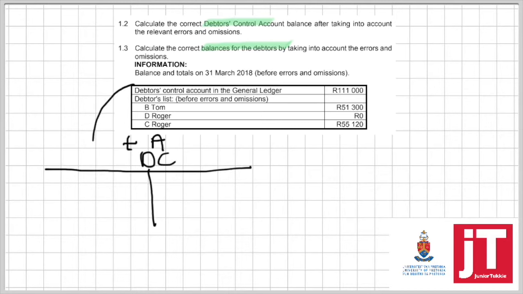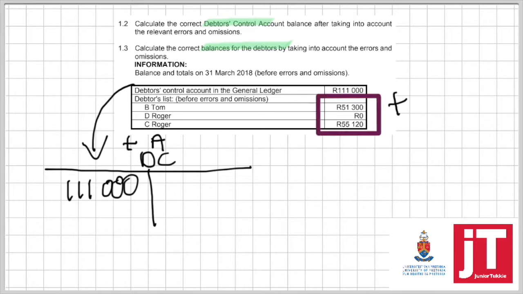So if I look at the debtors control account, in the general ledger, we have a balance of 111,000. If I add up each of the debtors' outstanding balances in the list, it gives us a total of 106,420. So clearly there's a difference, and now we need to find those differences and correct it.